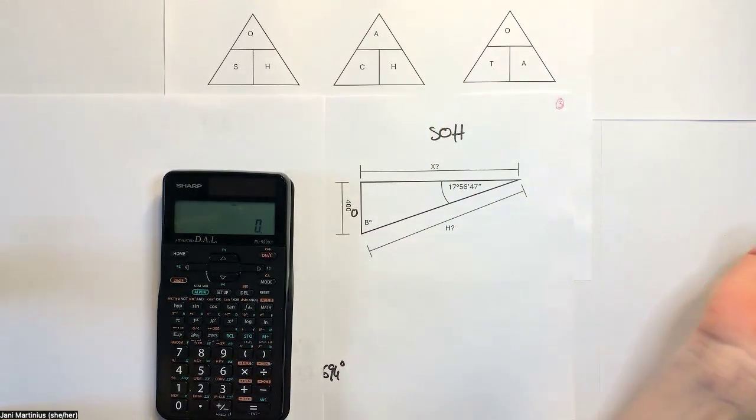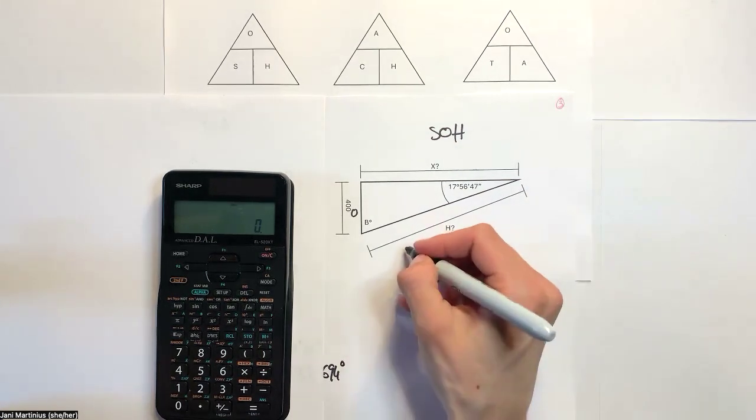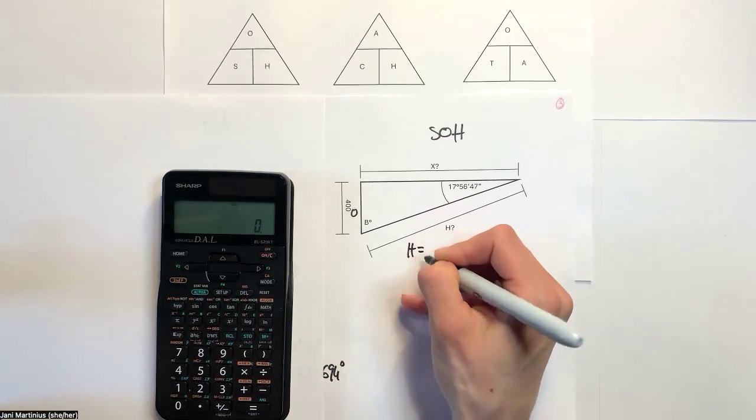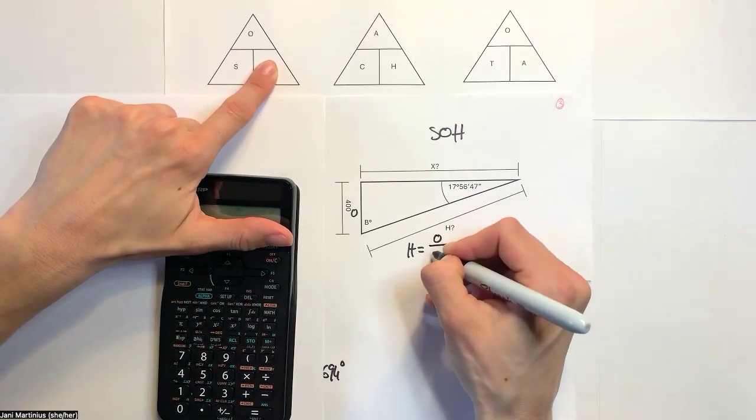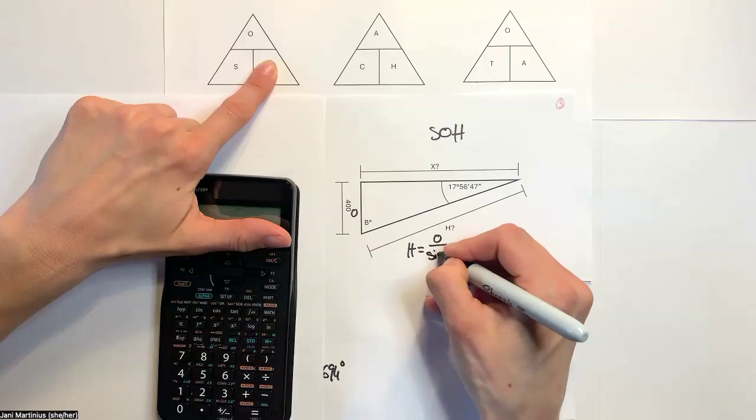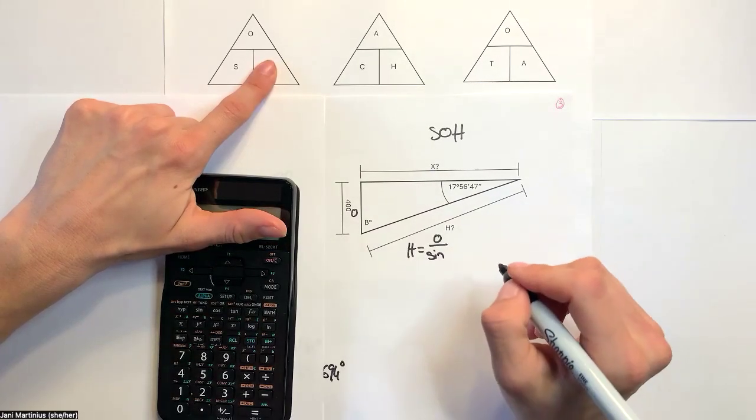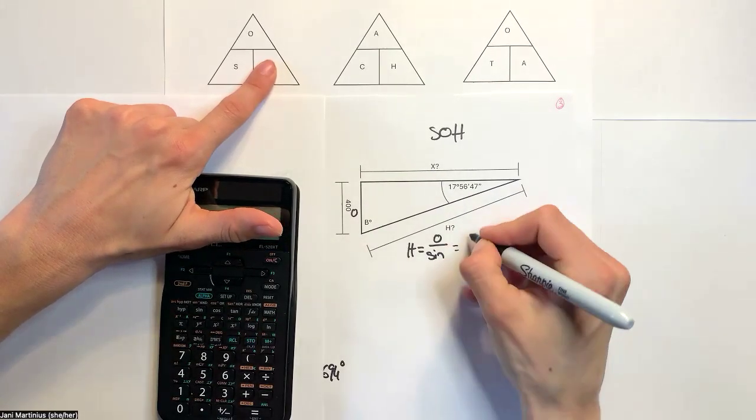Always write that in. So if we're going to find the hypotenuse first, we're going to block that out, which leaves us with O, opposite over our sine number or our degrees. Pop that in.